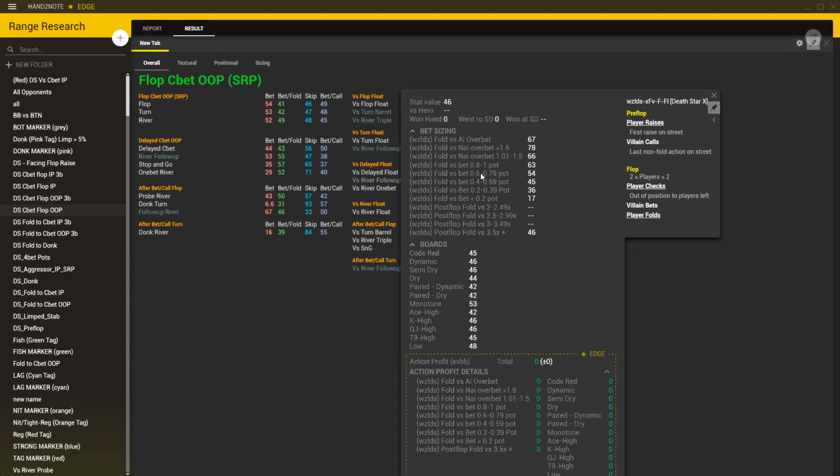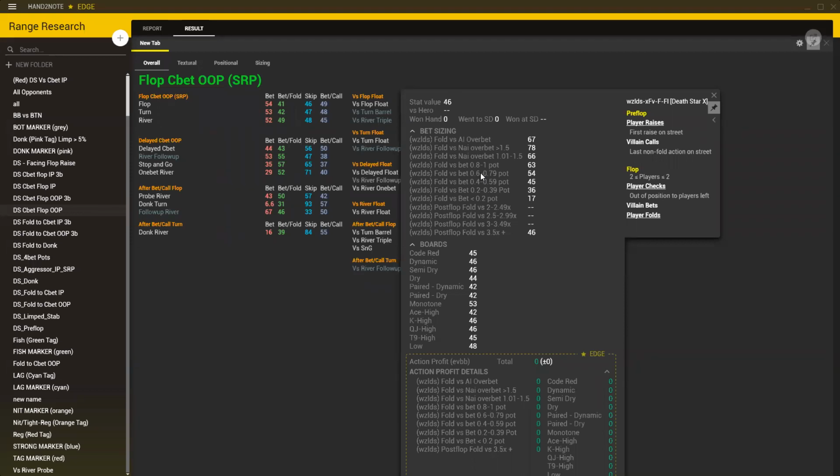Now, when we compare these values to GTO values, one of the trends we see across the entire game tree is a tendency for the player pool to overfold against small sizings, but defend at roughly the right frequency against the larger sizings, or at least closer to the right frequency.